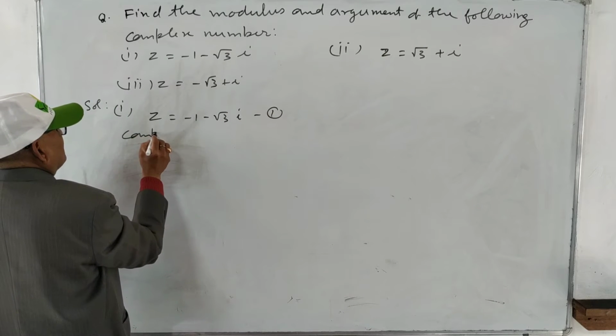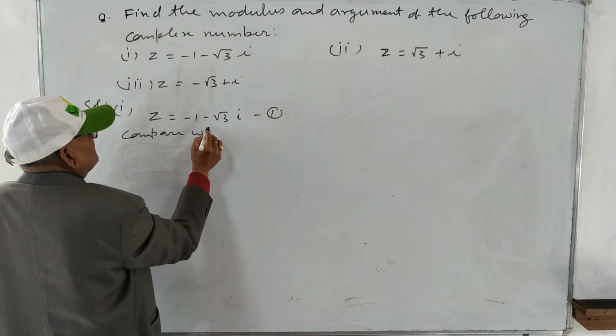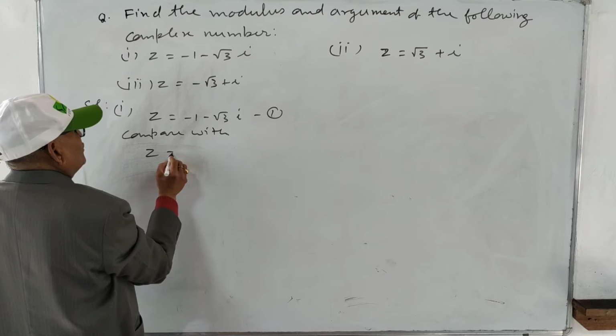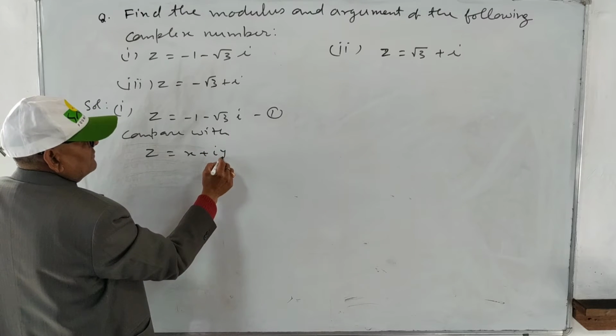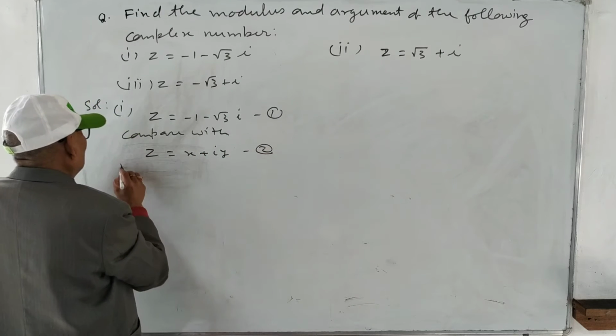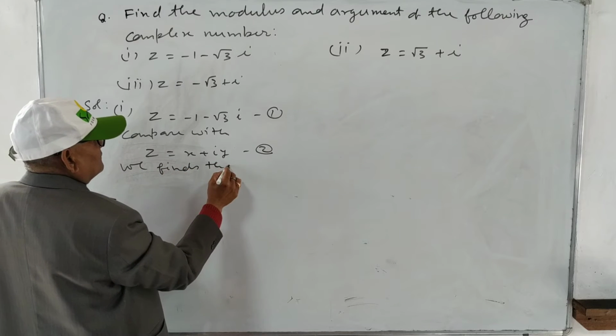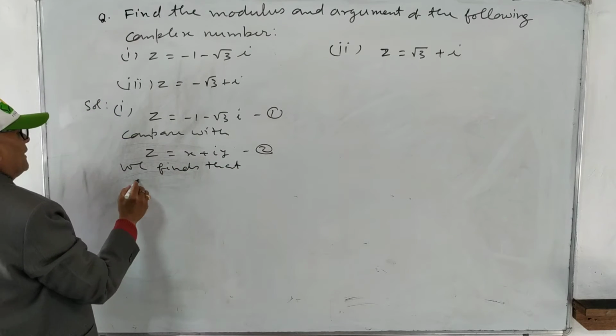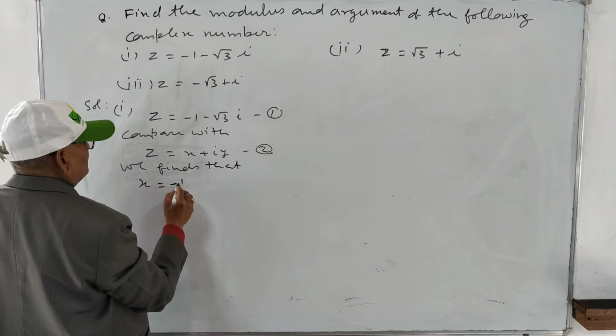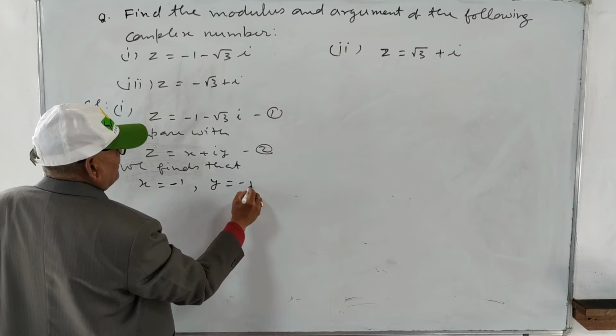Compare with z equal to x plus iy. This is 2. We find that x equal to -1, y equal to minus root 3.